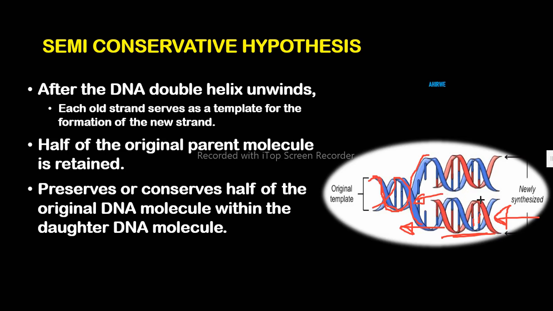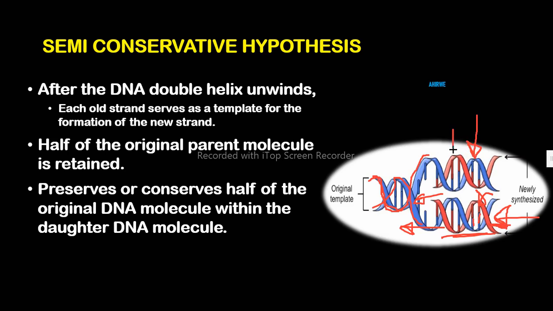Now, how is this achievable? You know, the law of complementarity. The binding is complementary. They complement each other. So as a result, this new strand that is formed, like I told you, is going to be exactly the same as this old strand.